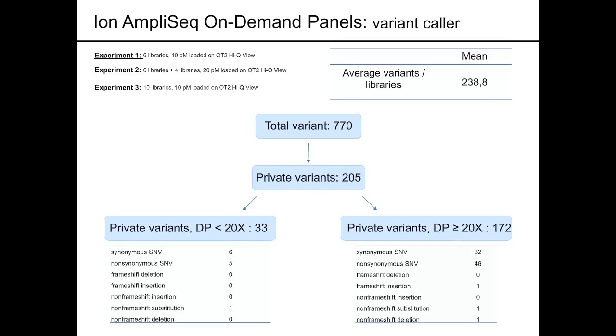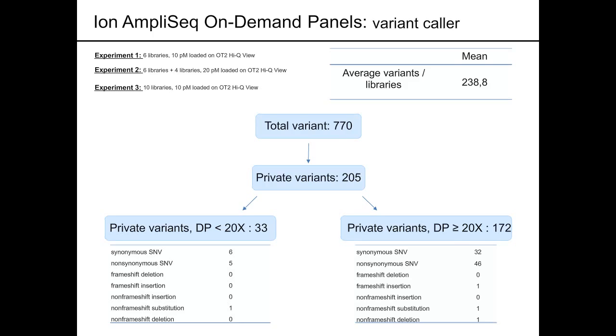The overall average variant detection: the average variants per library was about 238, and the total variants we found was about 770, with about 200 private variants, of which very few with insufficient coverage, and none of them was a frameshift deletion or insertion, which gives us the idea of a very low likelihood of errors here.